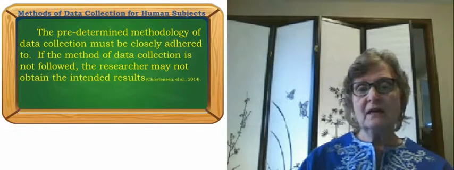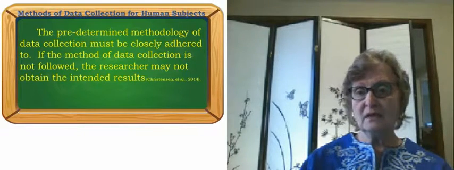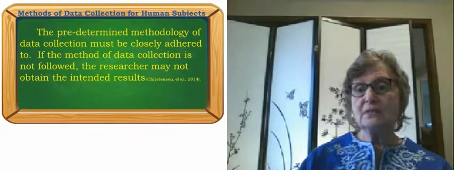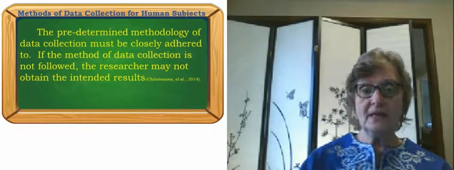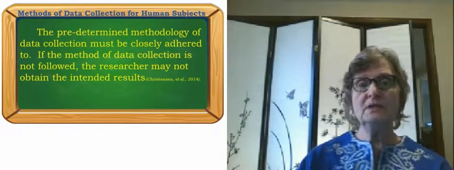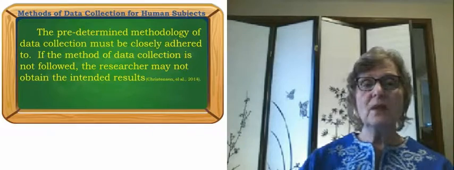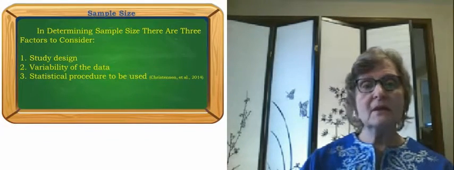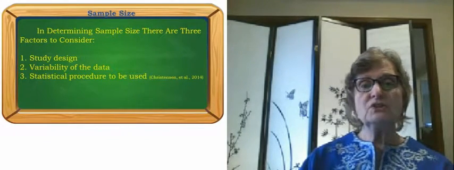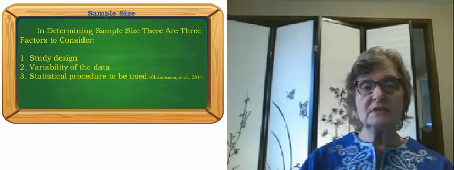So the methods of data collection for human subjects, it's very important that we follow data collection procedures the same way that we outlined it in our proposal to the IRB. And in addition to that guideline, we need to be aware that if we do not collect the data in the way we set up the research, then we may not get the intended results. When we're determining sample size, there are three factors to consider.